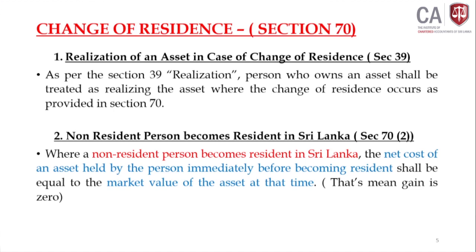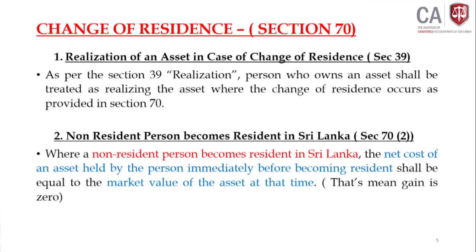That is the perspective. Come to the first paragraph, realization of an asset in case of change of residence, section 39. As per section 39, which is realization, a person who owns an asset shall be treated as realizing. See the words "shall be treated". This is not actually happening, maybe. This is a deeming provision.